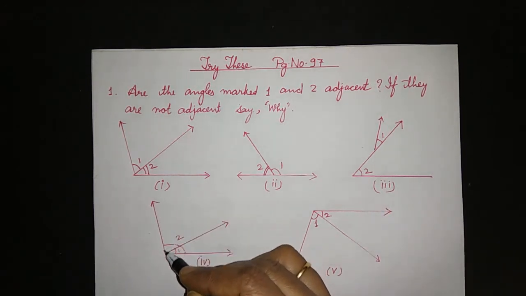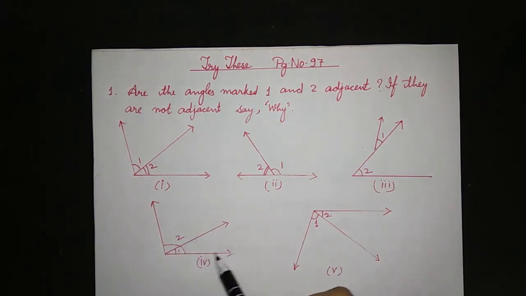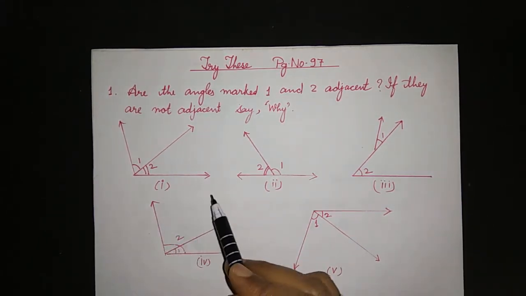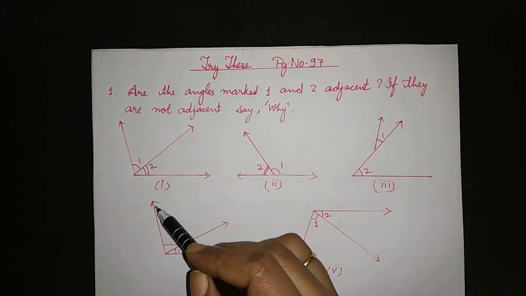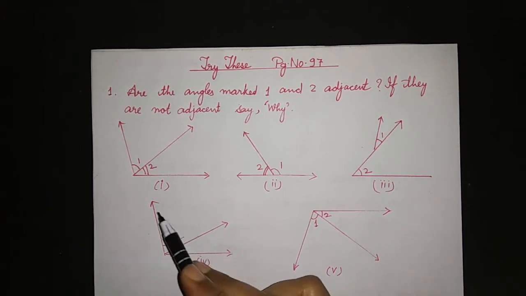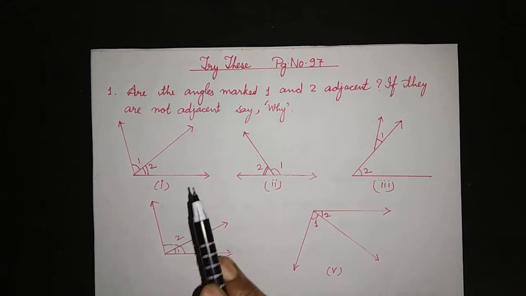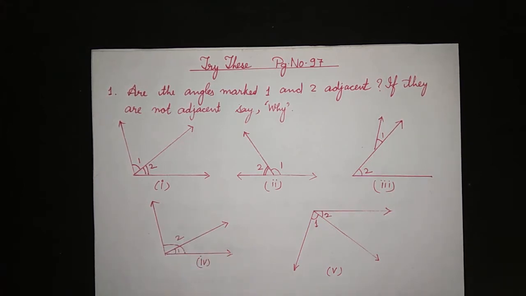But these two non-common arms are not on either side of this common arm. So they are not adjacent. And one more thing you can see here, angle 1 is a part of angle 2. So you can say that angle 1 and angle 2 are not adjacent.